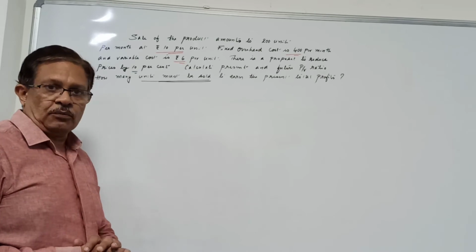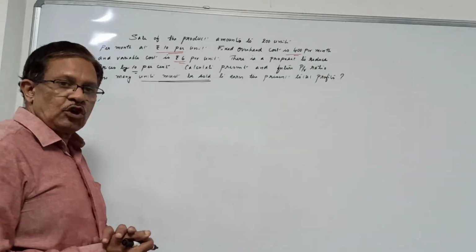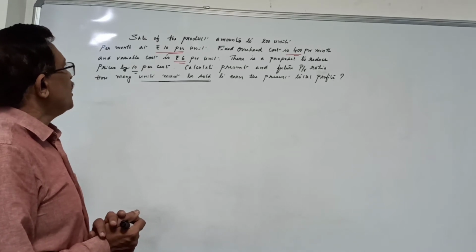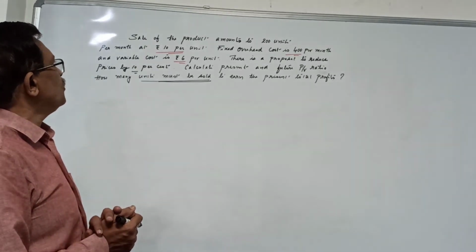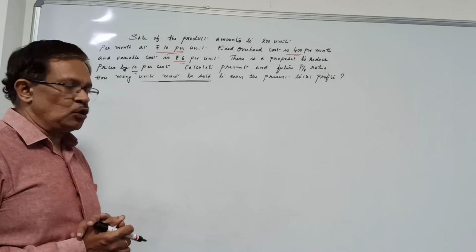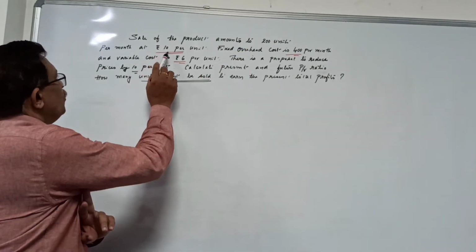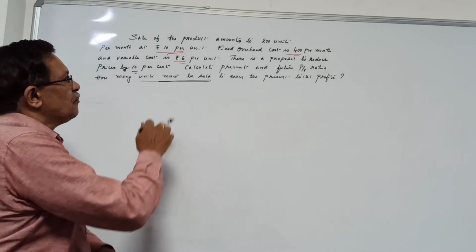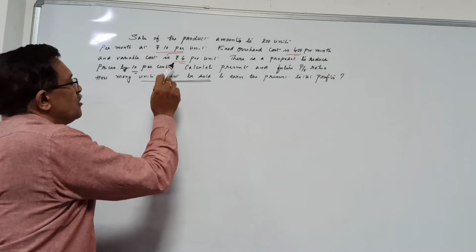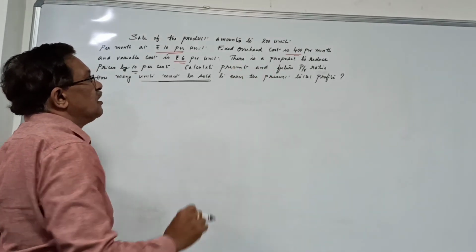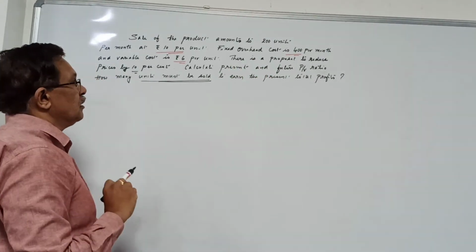Let's move on to the fourth problem on CVP analysis, where he has given information with regard to the number of units sold, the selling price per unit, the variable cost per unit, and the fixed overheads per month.